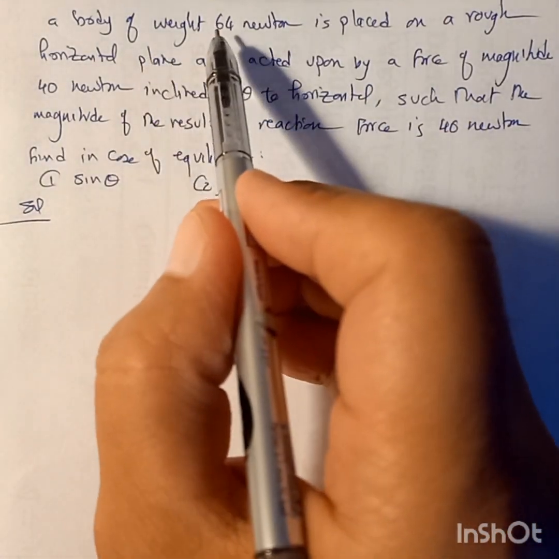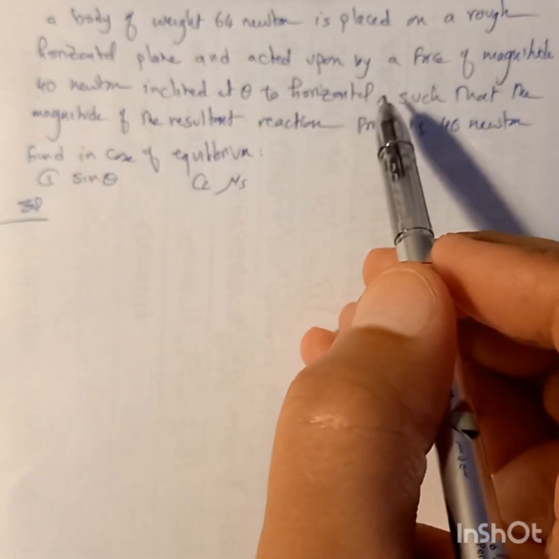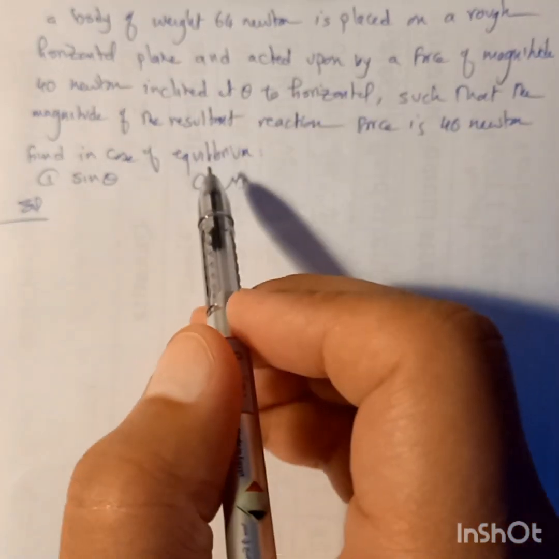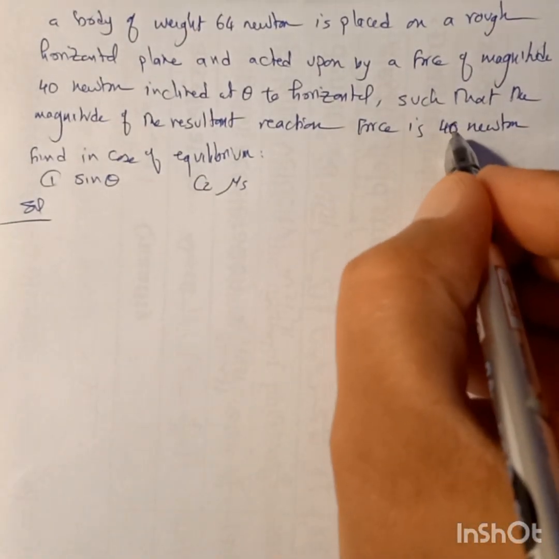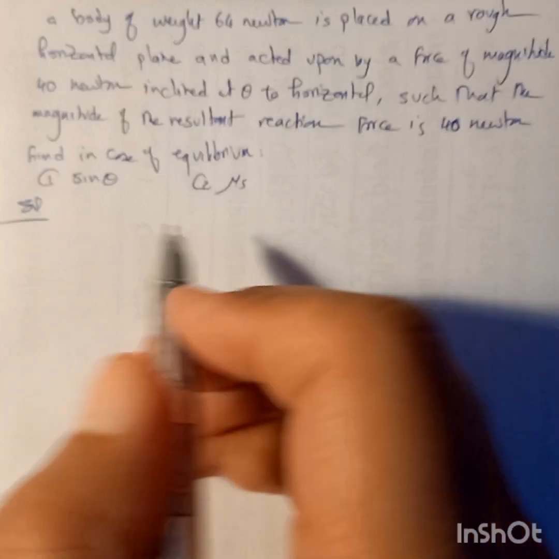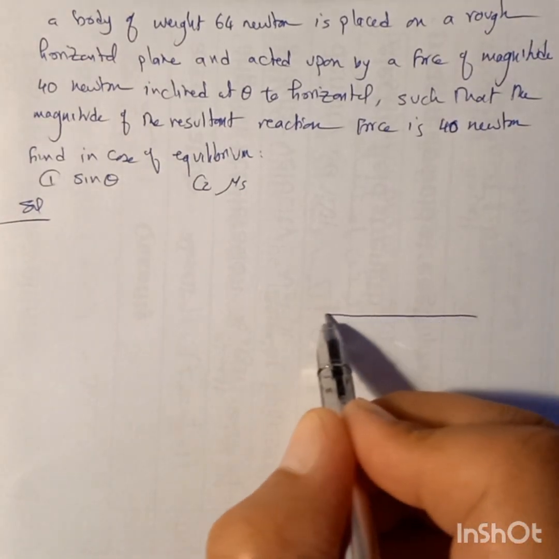A body of weight 64 Newton is placed on a rough horizontal plane and acted upon by a force of magnitude 40 Newton inclined at theta to the horizontal, such that the magnitude of the resultant reaction force is 40 Newton. Find, in the case of equilibrium, sine theta and mu s. First we have to sketch this problem.